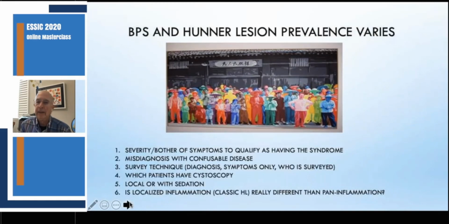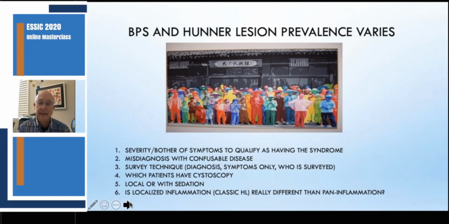So how common is Hunter lesion? Well, the prevalence varies quite a bit. This may be because the severity and bother of symptoms to qualify as having the syndrome vary so much, that there's misdiagnosis with confusable diseases, and that survey techniques, who's diagnosed, who is surveyed, the symptoms only, how you survey, make a big difference.